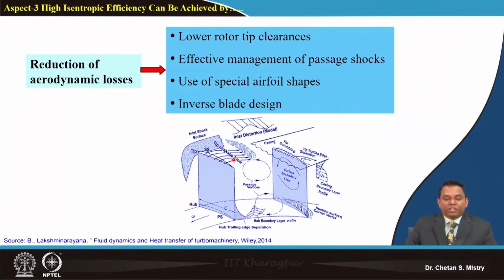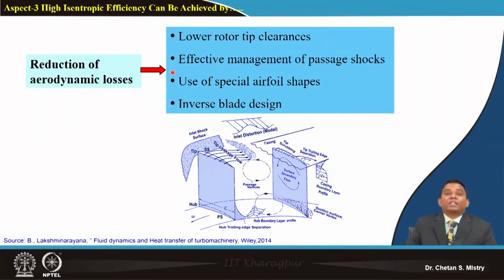Next is the effective management of my passage shock. When we were discussing the transonic compressor, we realized that if we are able to manage our shock in a particular way, it will help in raising my pressure capacity as well as the efficiency.